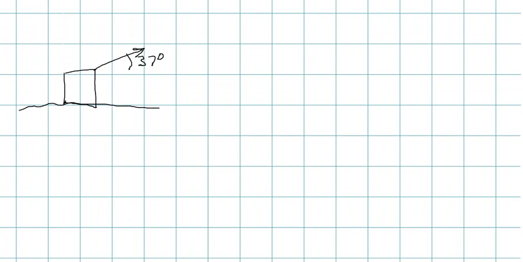Here's our ground. Can't forget our coordinate systems. There is a frictional force acting on it of 50 newtons, and the box is pulled 2 meters. The question is, what is the work net?